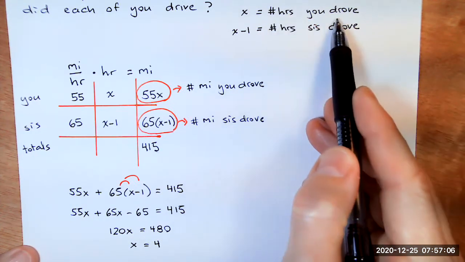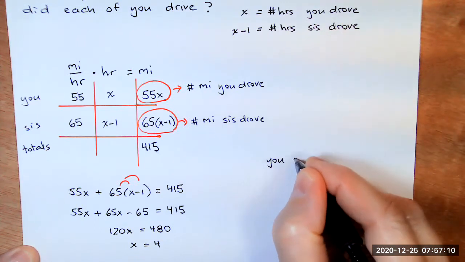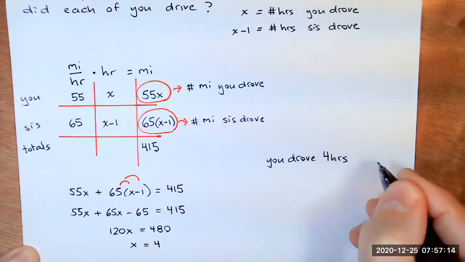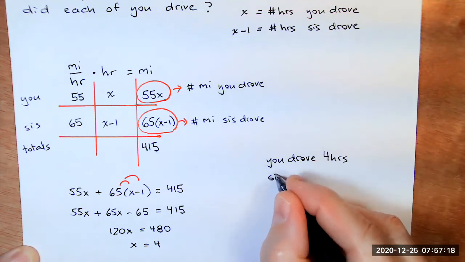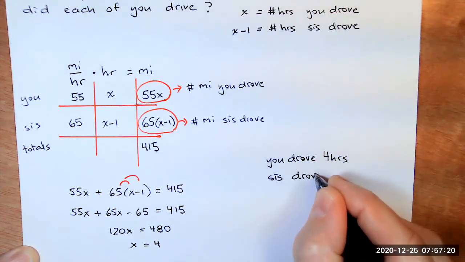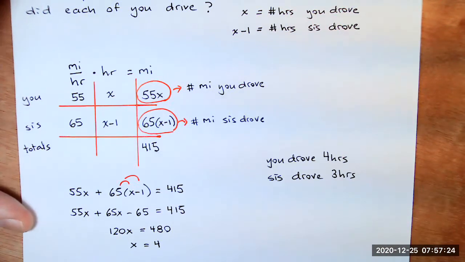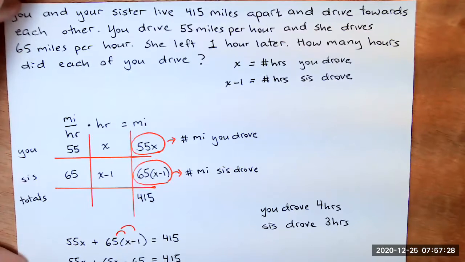X is the number of hours that you drove. She left 1 hour later. And always go back and check with the original problem and see if that makes sense.